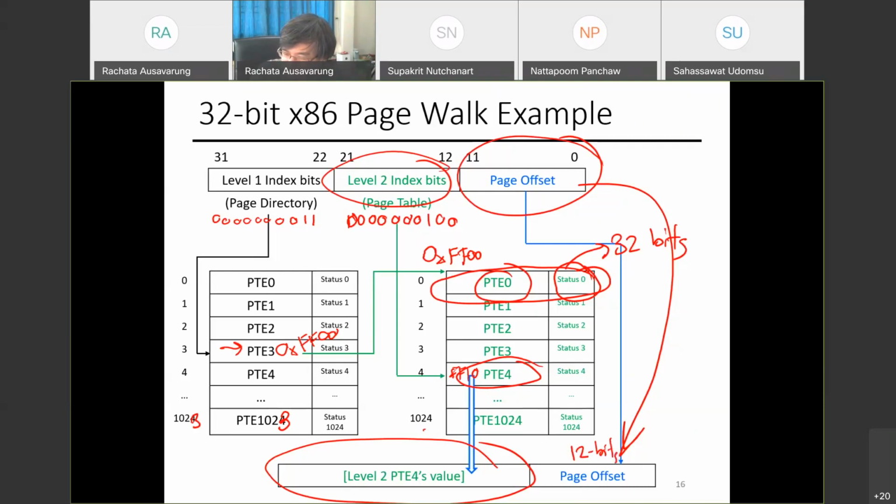How many bits do I need here? It's 20, right? Why is that 20? Basically, the whole thing is 32 bits. 12 of those come from the offset. The other 32 minus 12 would be coming from PTE4. So this is 20 bits. Which means that this status bit is 12 bits.